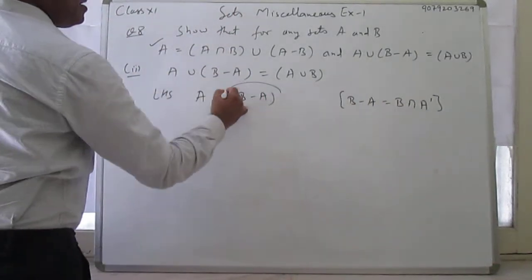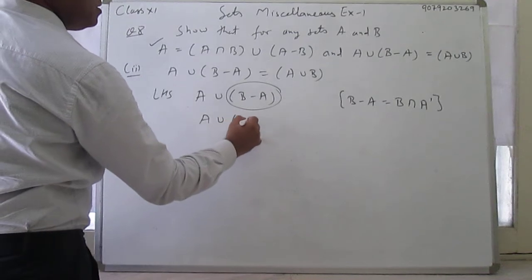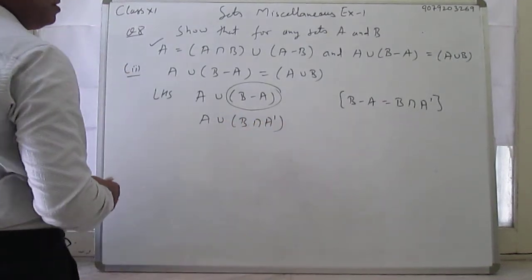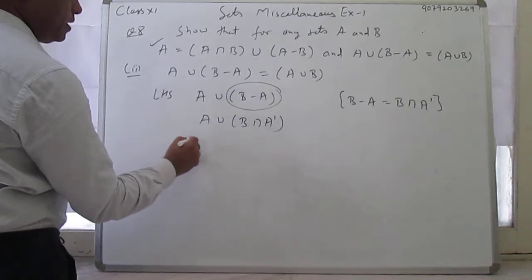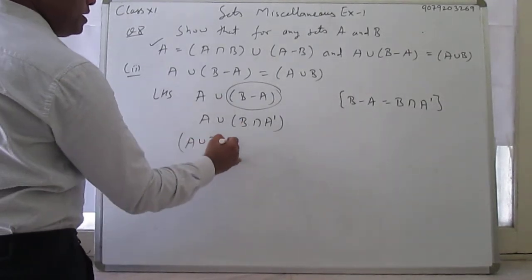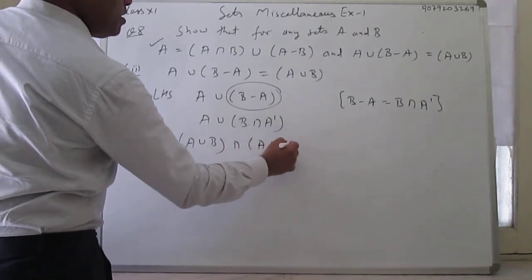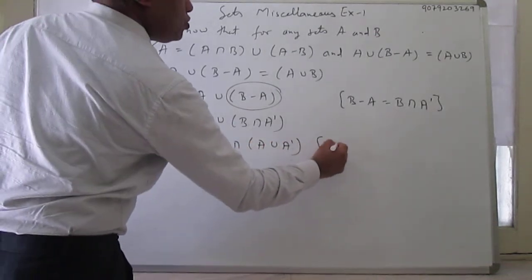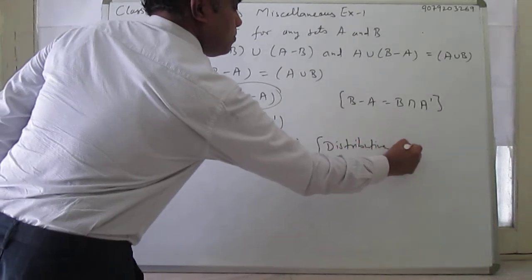So here you can write A union (B intersection A complement). Use the distributive property, union over intersection: (A union B) intersection (A union A complement). This is the distributive property.